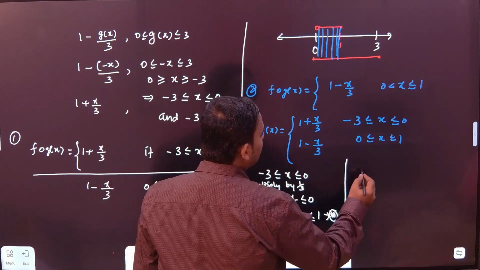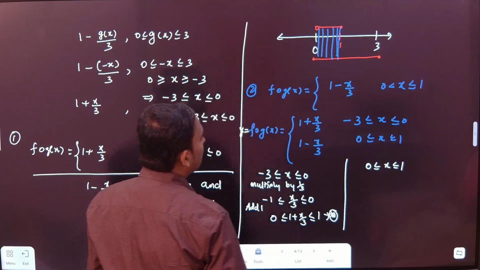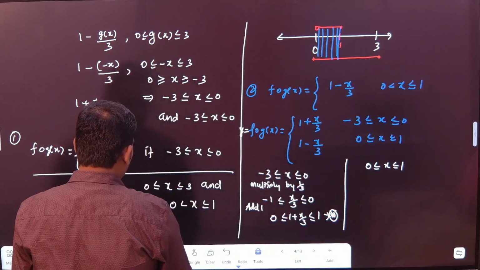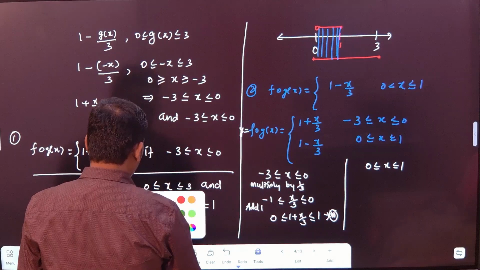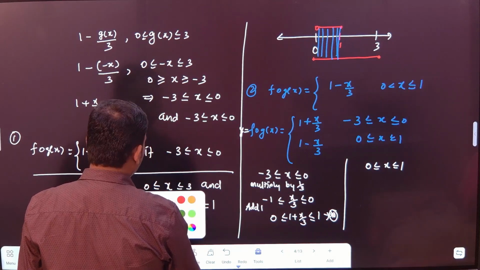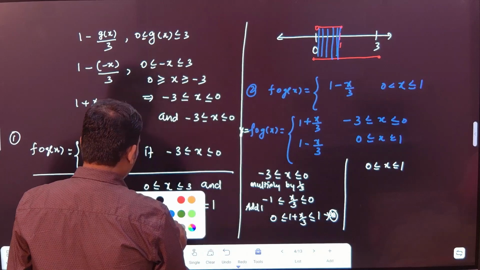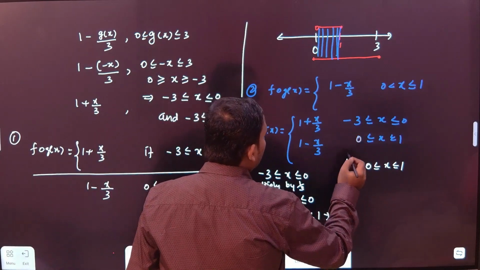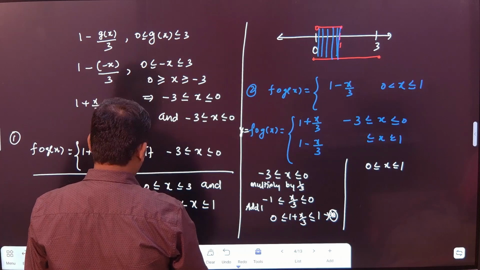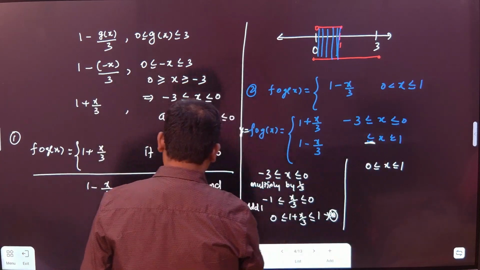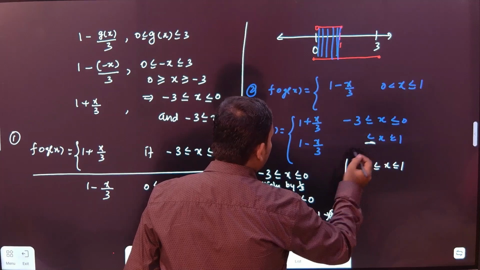Next interval you can see 0 to 1 you can take. But here 0 is not included, right? 0 is not included. You can see 0 is not included, no?